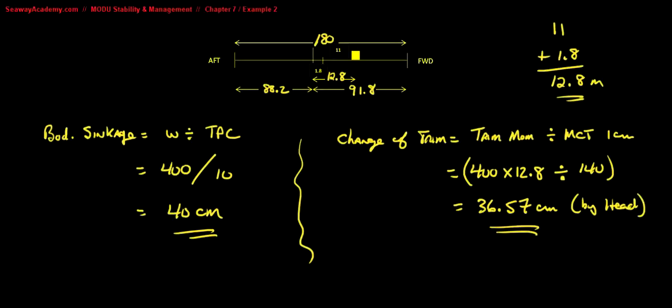So now that we've calculated our bodily sinkage and our change of trim, we need to calculate our change of trim aft and our change of trim forward. So our formula for our change of trim aft is going to be the distance from the aft perpendicular to the longitudinal center of flotation, divided by the length of the vessel, multiplied by your change of trim.